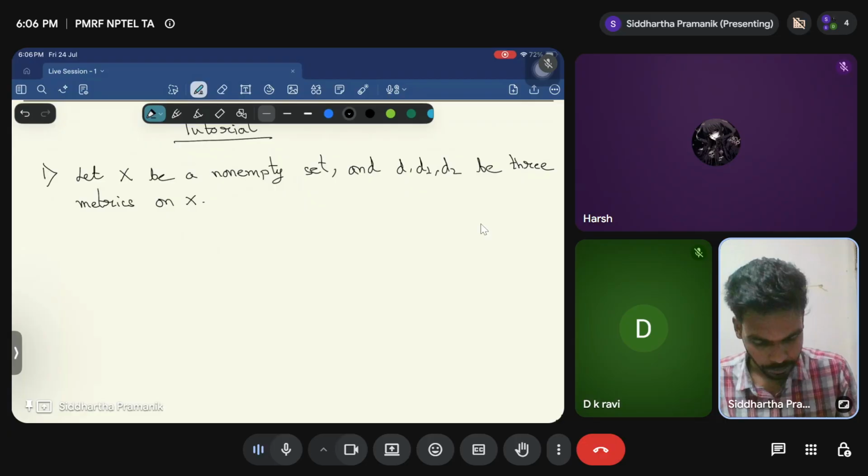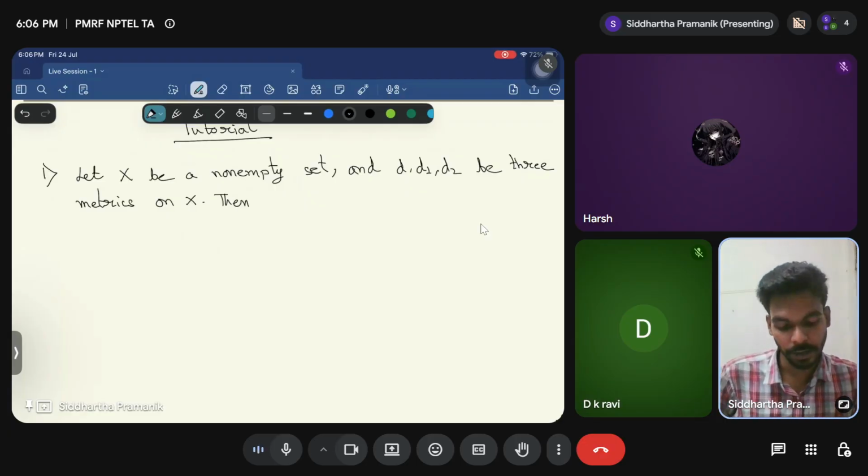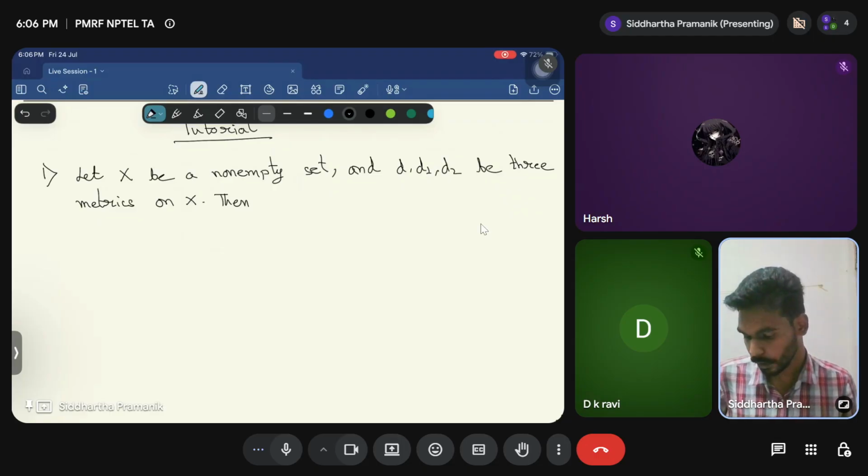Using these three metrics on X, we can construct some more metrics. I will just list those things because it will be useful to keep a record, because some of the questions can be done from this record only.